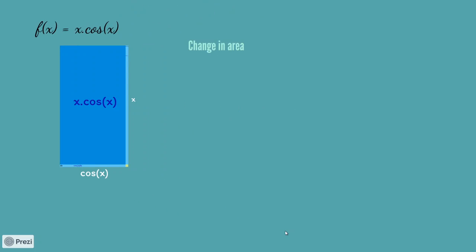Change in area is this small big rectangle, x d cos x, then this other small big rectangle, cos x dx, and then this tiny rectangle, the yellow one, dx d cos of x.